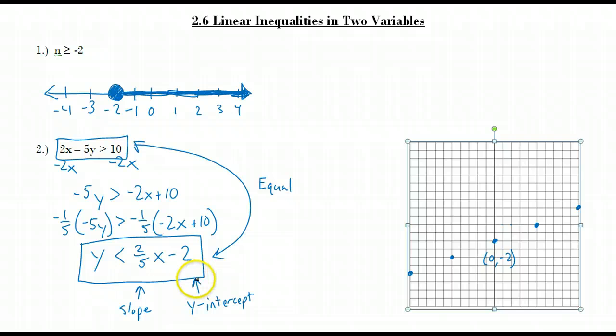So the question is, do I want to include these points as possible solutions to my inequality? Is 10 greater than 10? Is negative 2 less than negative 2? Well, technically, since I don't have this or equal to, 0, negative 2 is not a solution. So in order to represent that on this graph, I'm going to connect these dots with a dashed line.